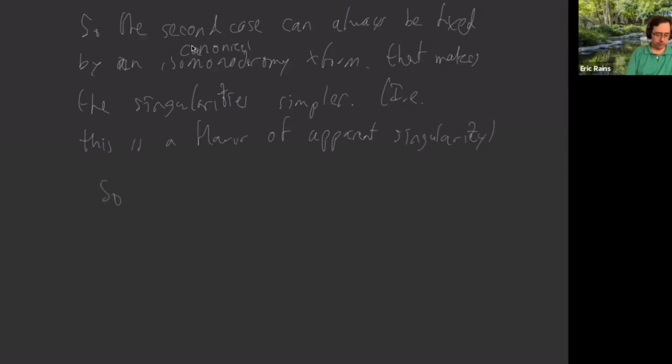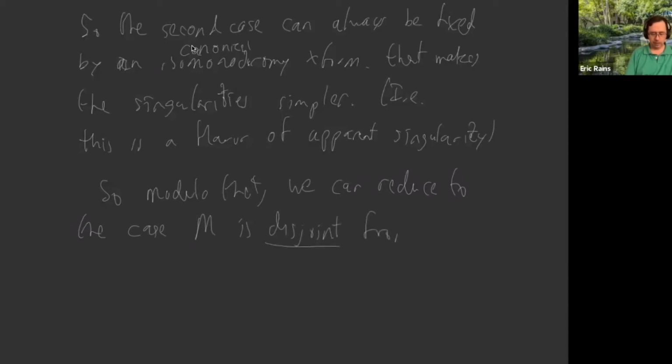So in general, modulo this issue, we can reduce to the case that our sheaf is disjoint from Q at the cost of changing the surface.